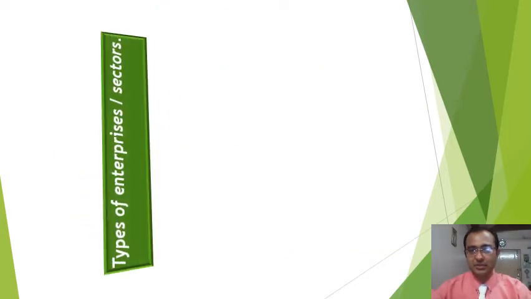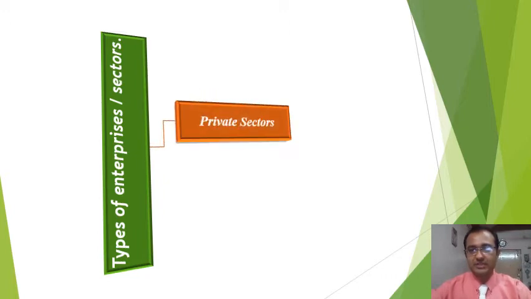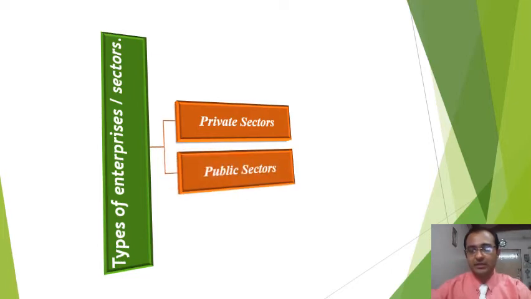Let's discuss the types of enterprises or the sectors in the Indian economy. There are only two types of sectors. First one, that is the private sector, and second one, that is the public sector. Students, let me clarify one thing over here.